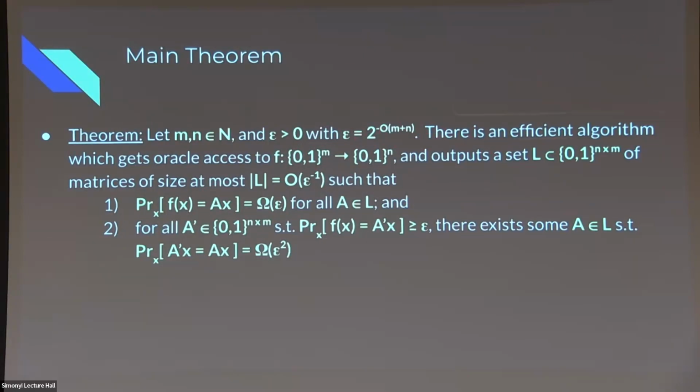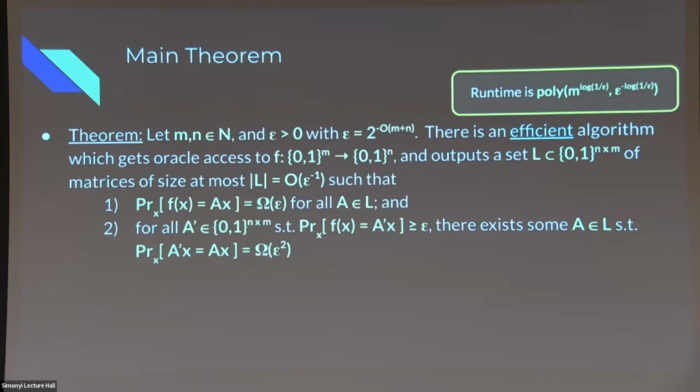So that's one way to possibly improve it. I think, in my opinion, the more important way to improve it is what we mean by efficient. Our runtime is going to be exponential in log of 1/epsilon, which is not ideal. Ideally, we would have constants here. This suggests that our algorithm maybe can be improved to not have this runtime.